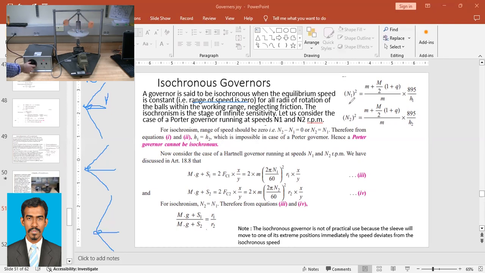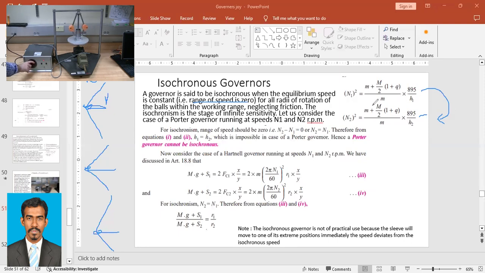So if we consider the terms carefully, (m plus M)/2 into (1 plus q) into 895/h2 minus (m plus M)/2 into (1 plus q) into 895/h1 should be 0.